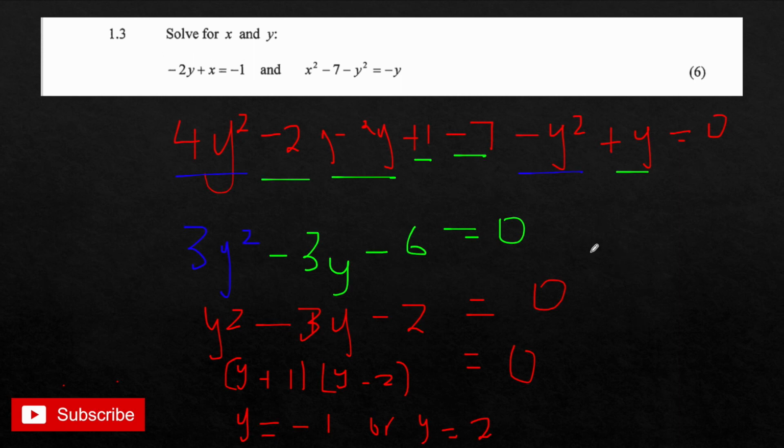So it will be x is equal to 2y minus 1. When I substitute negative 1 here, minus 1, it will give me minus 3.